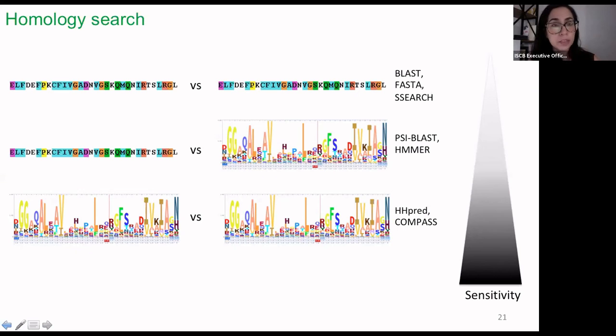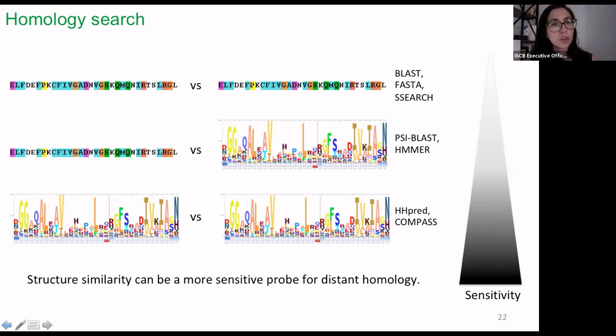So there are different ways to construct these profiles, but in the end, what you are doing is comparing one sequence with a multiple sequence alignment. And a more sensitive method is now to compare a profile versus a profile, meaning compare one profile to a database of profiles and find out if you have a multiple sequence alignment that looks similar to another multiple sequence alignment.